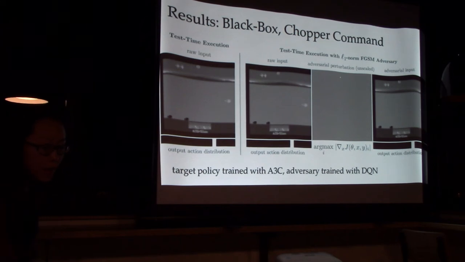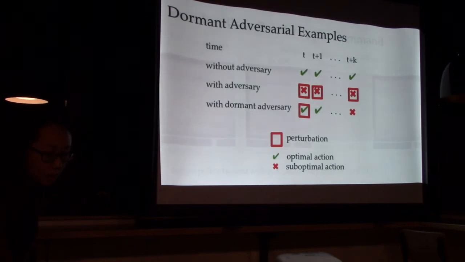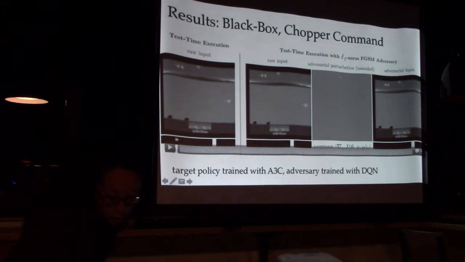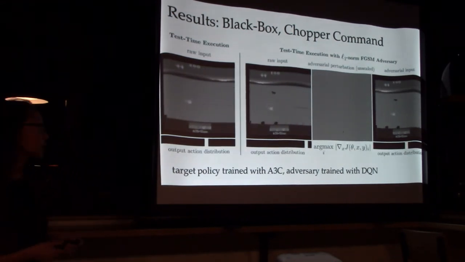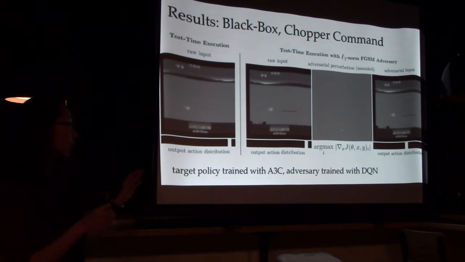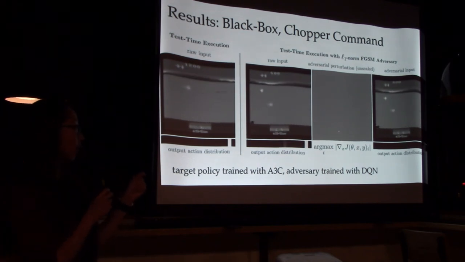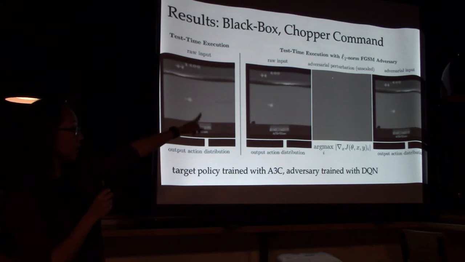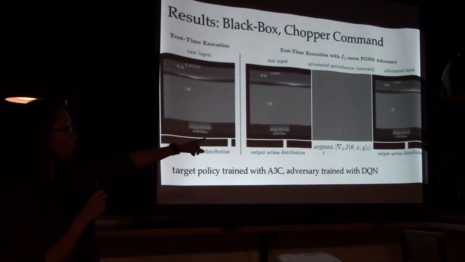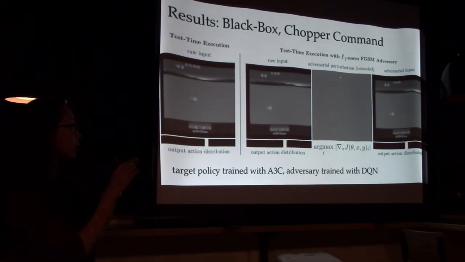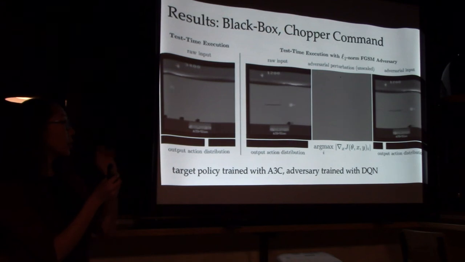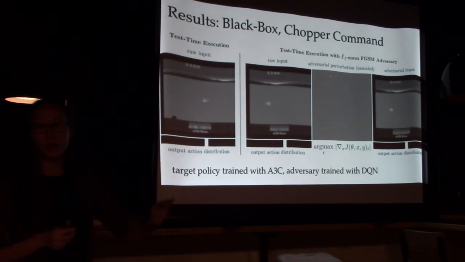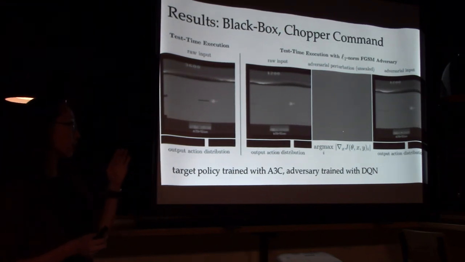And so what we saw is that when we let the adversary change only 1 or 2 pixels maximum in the game, you can see in this screen with the perturbations, it usually chooses to add little fake enemies in that mini map of the game. And all we're doing is just applying FGSM, that standard method.